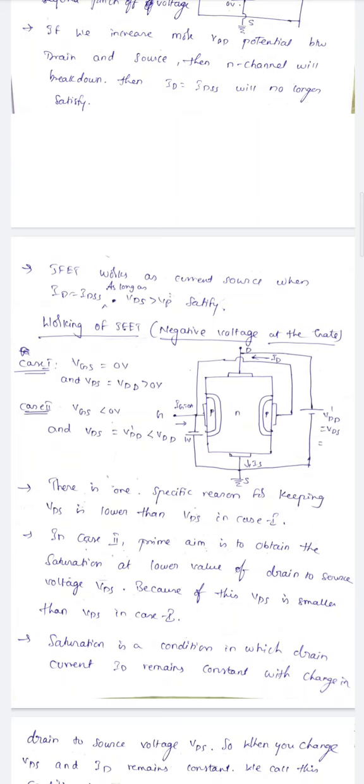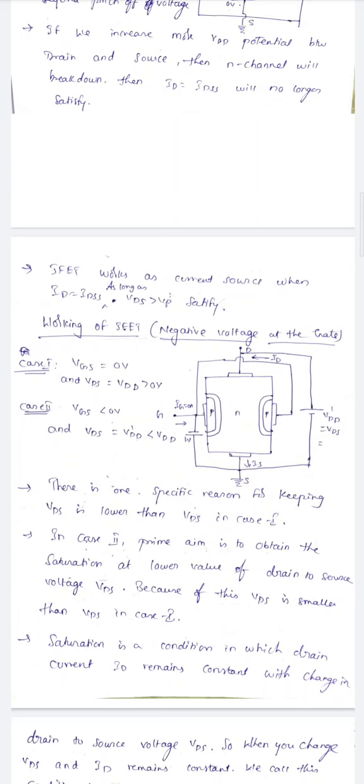Even if we increase VDD beyond the pinch off voltage, the output drain current ID should be constant.